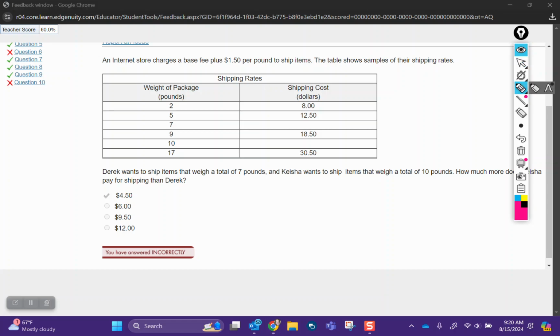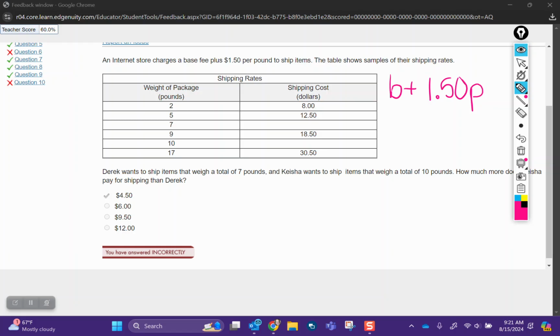When we look at the description, we don't have an equation here, but it says a base fee plus $1.50 per pound. So what we really have to figure out is what's the base fee, because we're not told what that is. So it's going to be the base fee plus $1.50 per pound. When you hear per, that means multiplication.